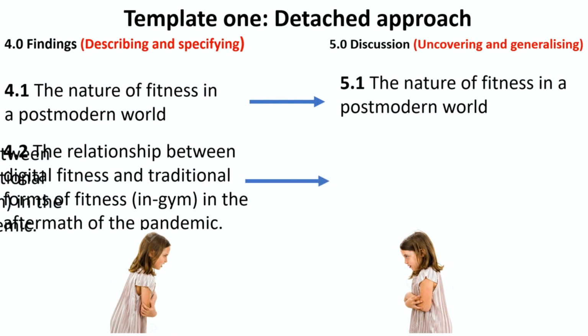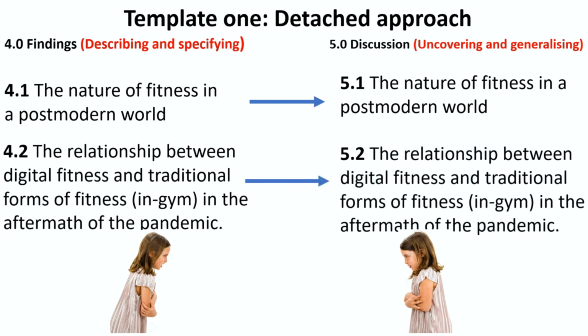And then you'll cover the same area in the next chapter, but you'll be uncovering and generalizing this aspect. So we see how they mirror each other. We can see how they are two sisters, looking at the same areas, but doing something different.